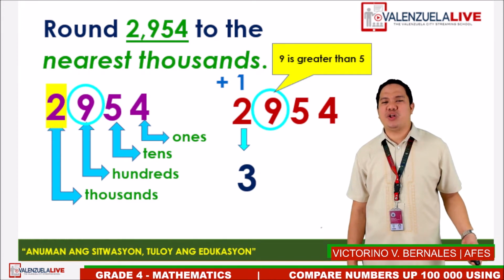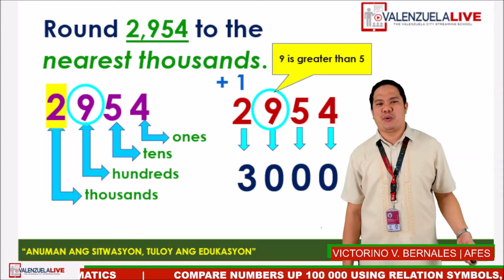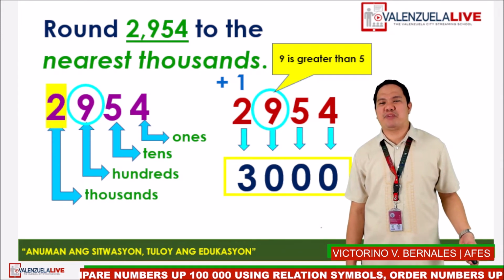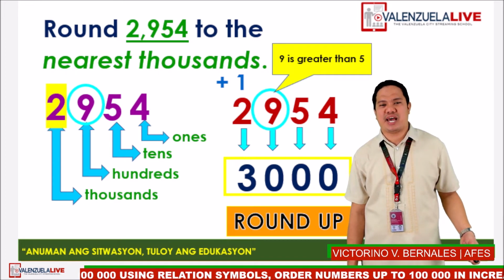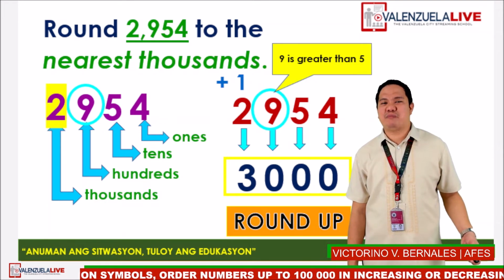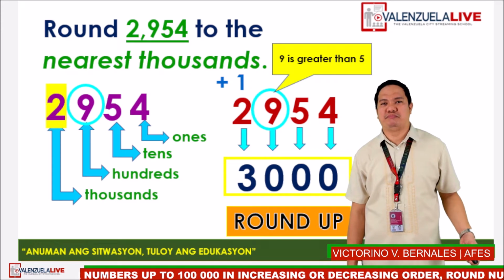Then replace all the digits at the right of the rounding digit by 0. Therefore, 2,954 is rounded up to 3,000. Again, rounding a number up to a higher number is what we call round up.